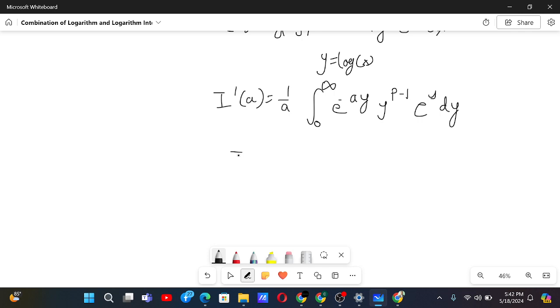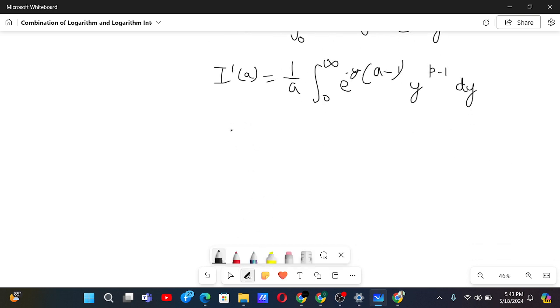And then we have I dash of a equals 1 by a times the integral from 0 to infinity of e to the power minus y times a minus 1, and then y to the power p minus 1 dy.